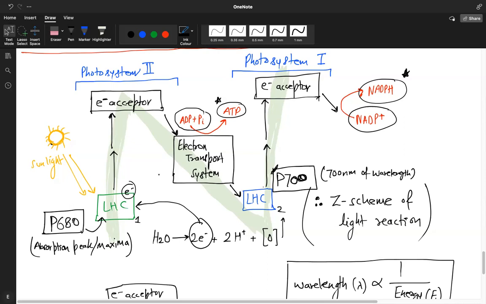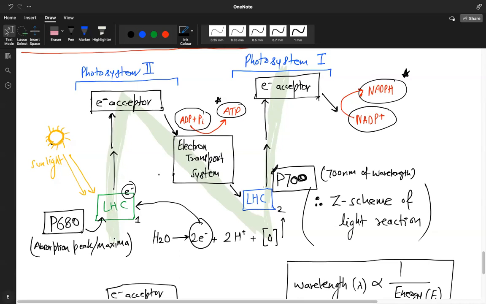So I think it would stop at NADPH. Exactly, Iram. Correct. So this electron will only be used up at the final stage where the electron acceptor of photosystem 1 will give that electron to NADP plus to make it NADPH.